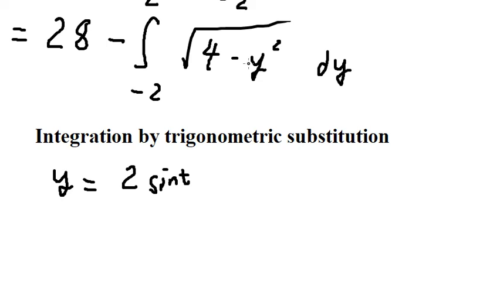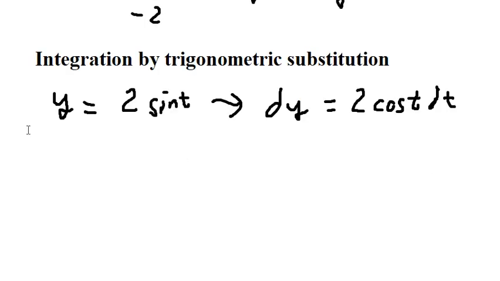We can do factorization. 1 minus sine t squared we change to cosine t squared, and later we simplify the square root. Next, we take the first derivative of both sides, and we have dy equals 2 cosine t dt.